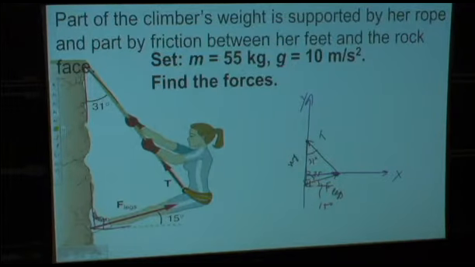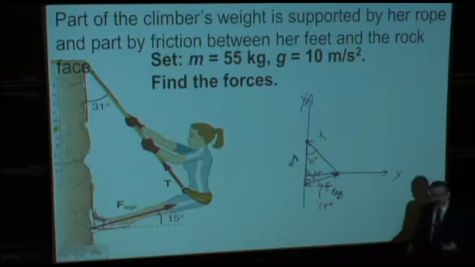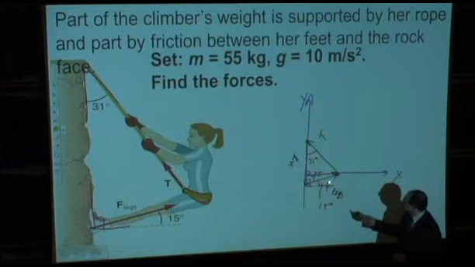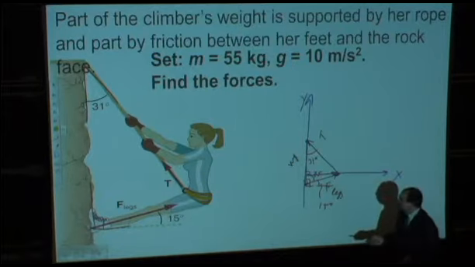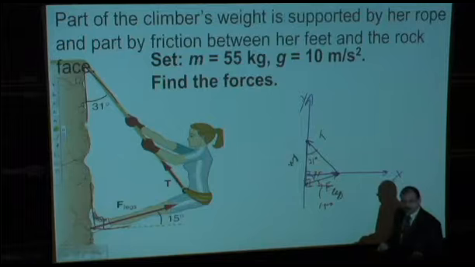And now we have a very clear situation. Each force has components, and the sum of all components must be equal to 0. So that's an exercise for the lab, probably tomorrow, I hope.